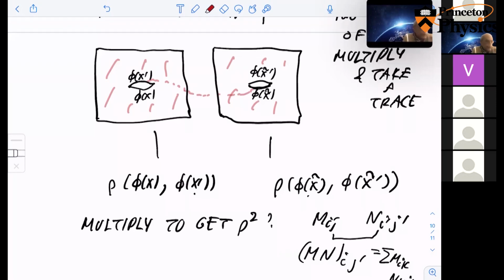If we glue this upper boundary to this lower boundary, that'll be the quantum field theory analog of setting the second index of M equal to the first index of N and summing. So gluing them together means constraining phi(x') to equal phi tilde(x). And summing means we then just do a path integral over phi, over that value.